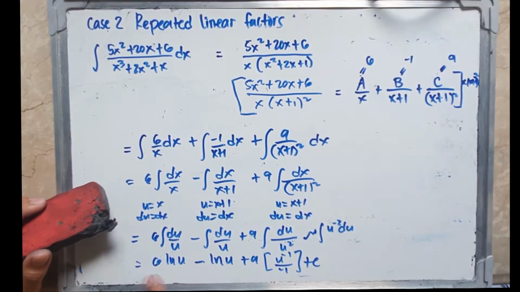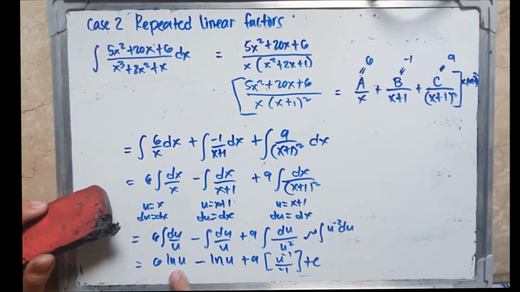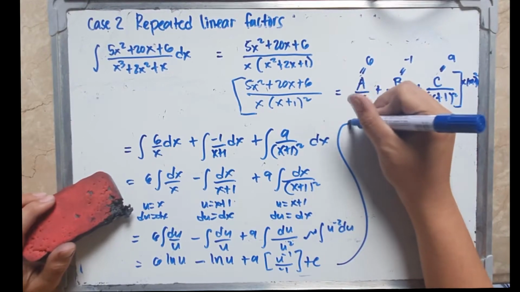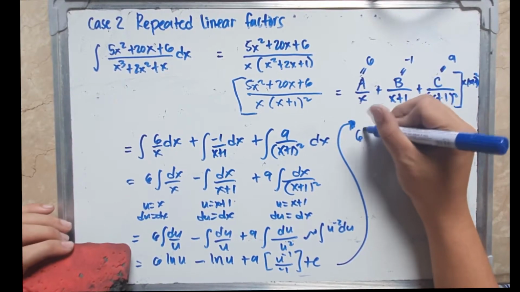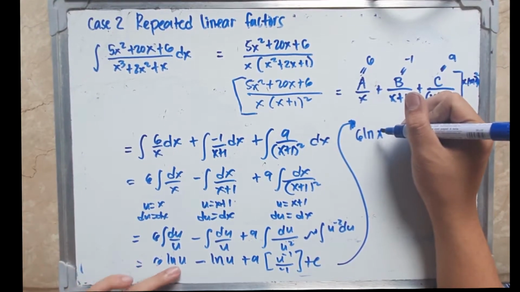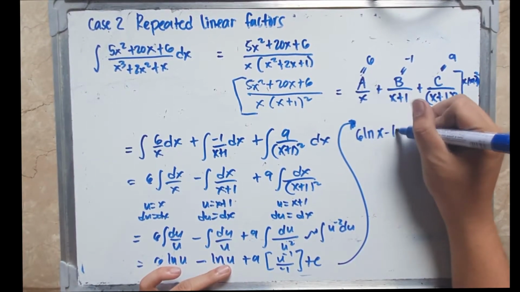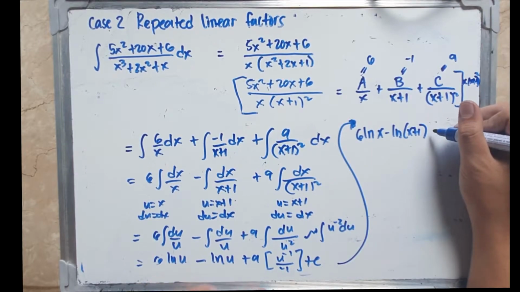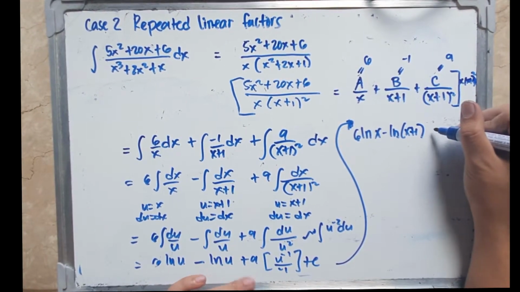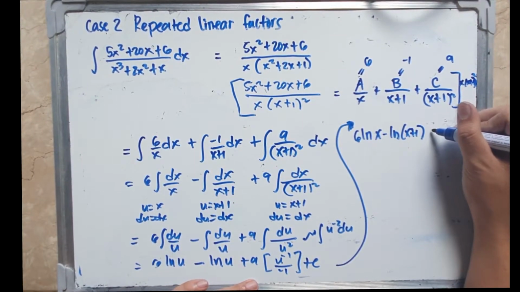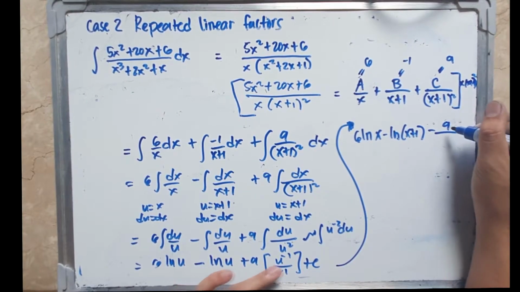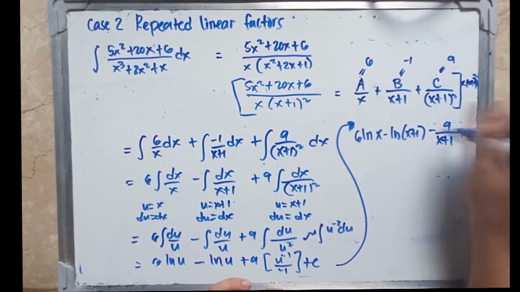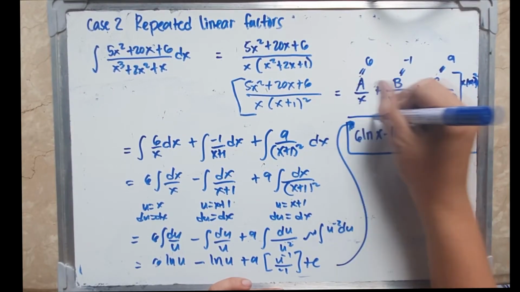Now let's substitute the values of our u right here. 6 ln x minus ln of x plus 1, negative times negative is positive, so we have negative 9 over x plus 1, plus C. This will be our final answer.